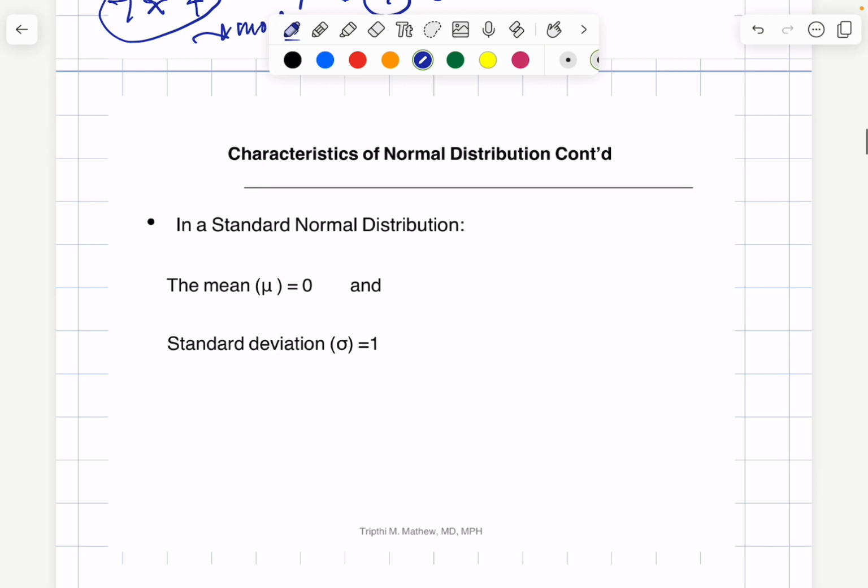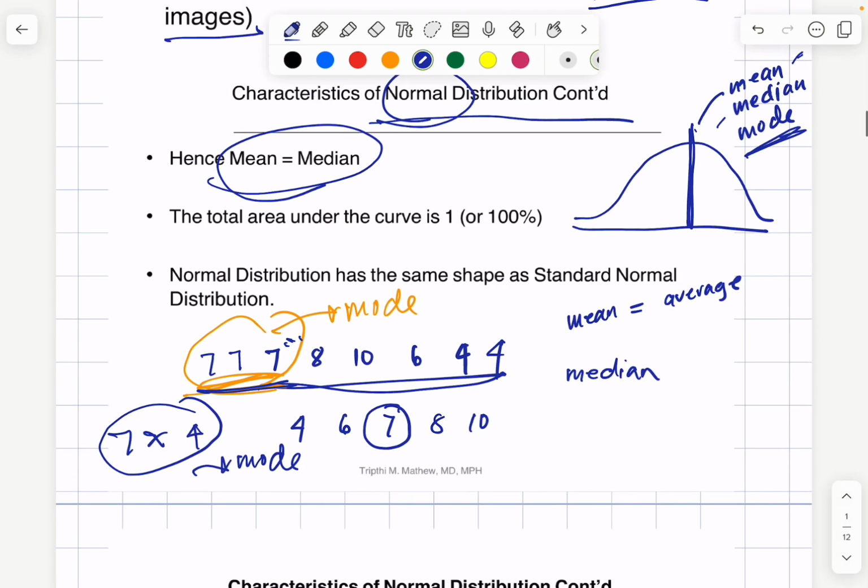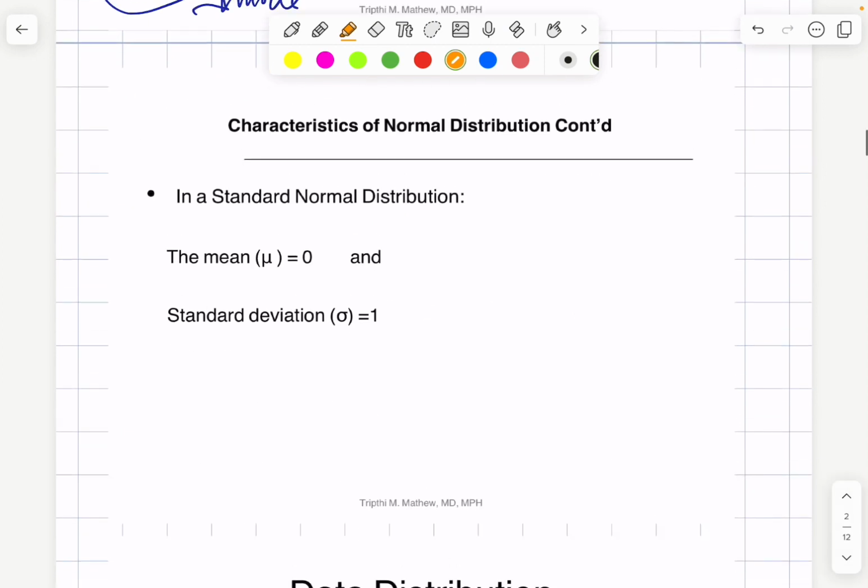Okay, next is in a standard normal distribution. So mao na siya. Si standard normal distribution, o si normal distribution parehas na silang forma. It has the same shape, which is unsa to ang shape? Bell-shaped curve.